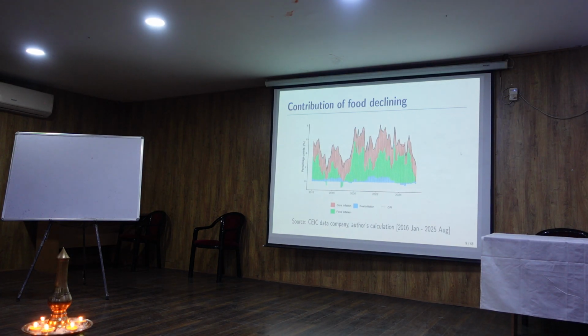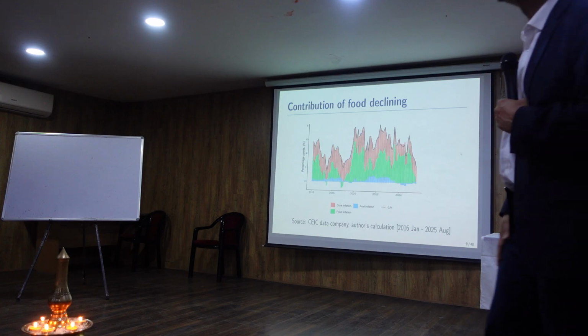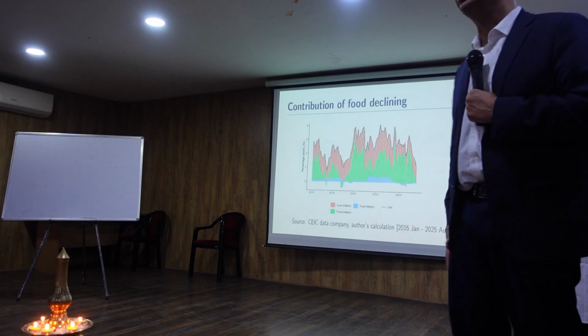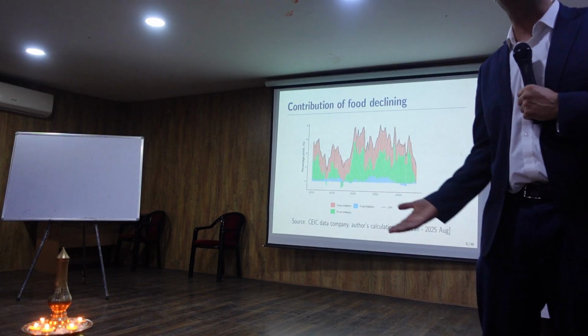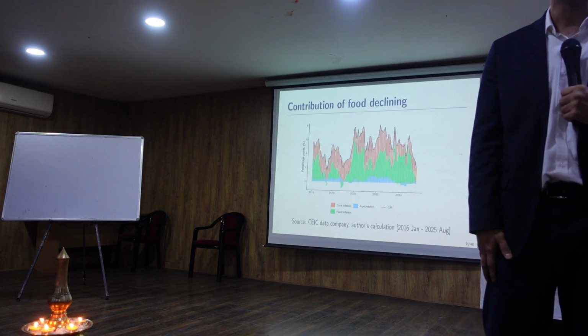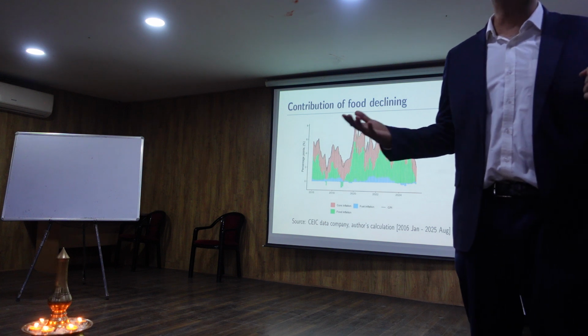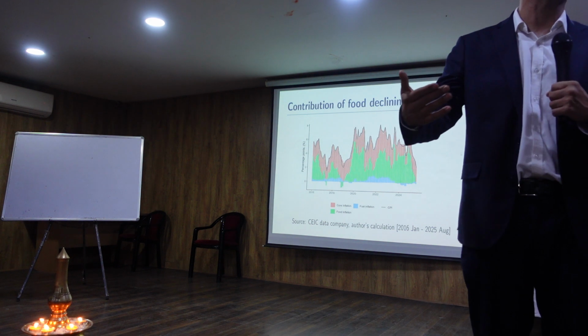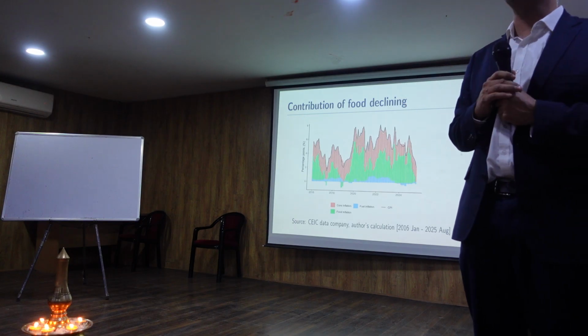And I've done a lot of work on this now, thinking about how central banks should respond to food inflation. Again, this is something that came up on the MPC. I was on the MPC, and there was a lot of discussion about, oh, the food inflation rates have gone up, should we see through it, should we respond to it? And I kept thinking, we don't have frameworks, we don't have paradigms to think about this. So this started a whole research agenda on how central banks should respond to food inflation.